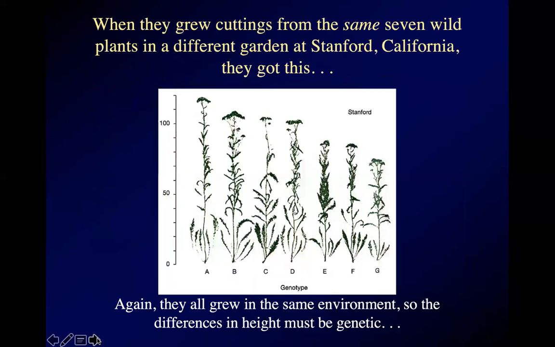They grew cuttings from the same 7 wild plants in a different garden under different conditions. Mather is up in the Sierra Nevada mountains, but they grew cuttings from the same wild plants down near San Francisco Bay, down at Stanford, California. Much lower elevation, much milder climate.